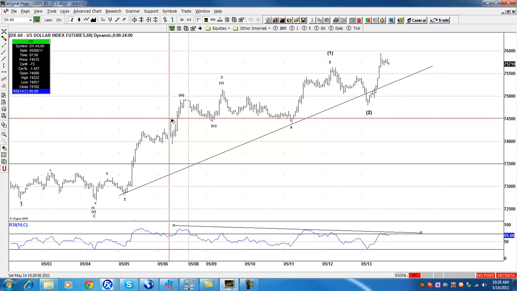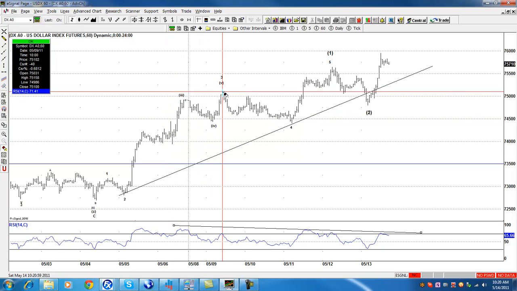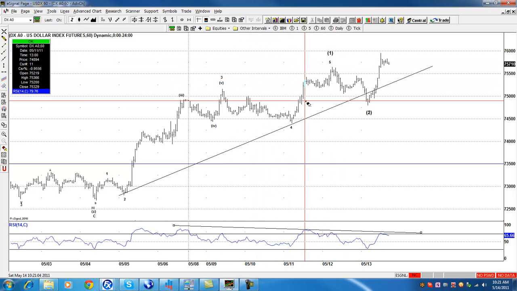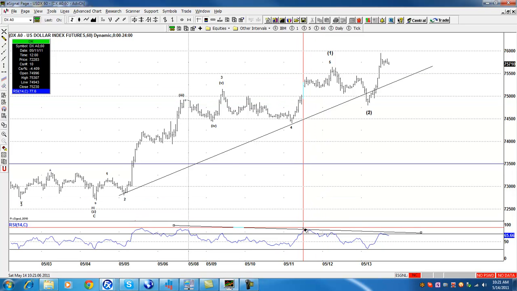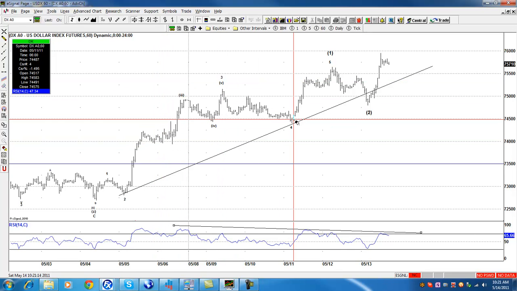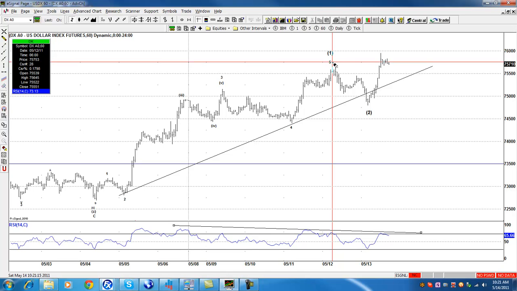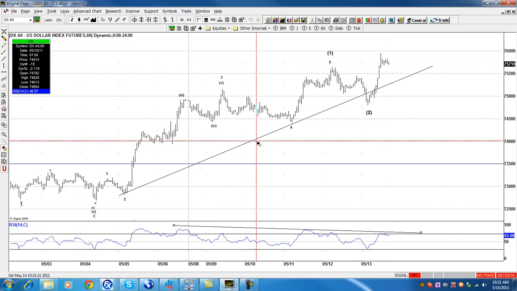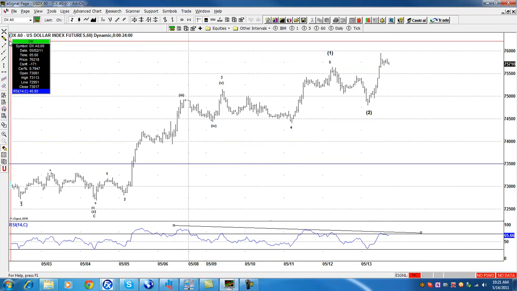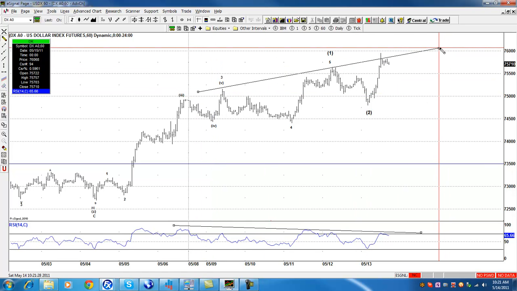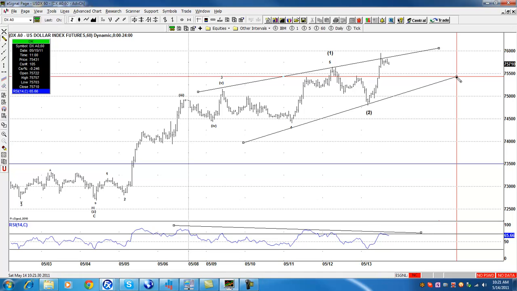This is 3, and then from here you got A, B, C, 1, 2, and then this is the variable right here, but it looks on the RSI that it is a 5-wave move. Or you can count this like 1, 2, 3, 4, 5, 1, 2, 3, because this high gives you divergency, 4 and a 5, and then the count came out to be something like, not the most beautiful ending diagonal in the world, something like this.